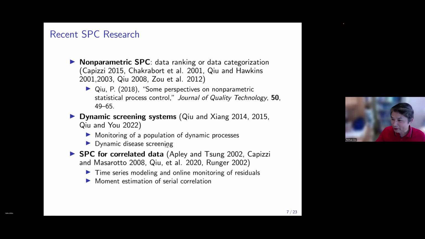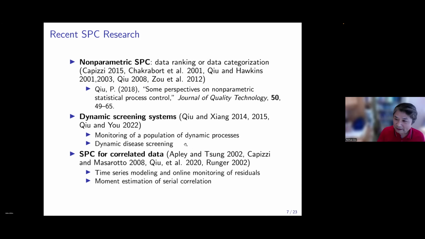Then each patient can be regarded as a process, and we monitor the disease risk factors of each patient. Even for healthy patients, the disease risk factors will change; the in-control distribution changes over time. So we monitor a population of dynamic processes by using a dynamic screening system, because each patient is a process. So we have a population of patients.